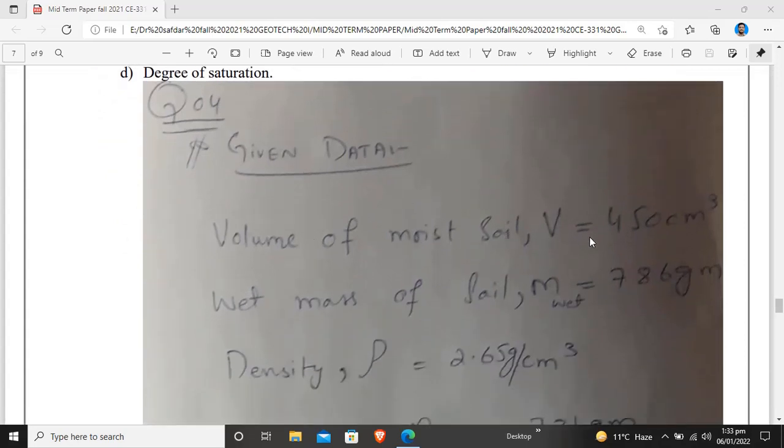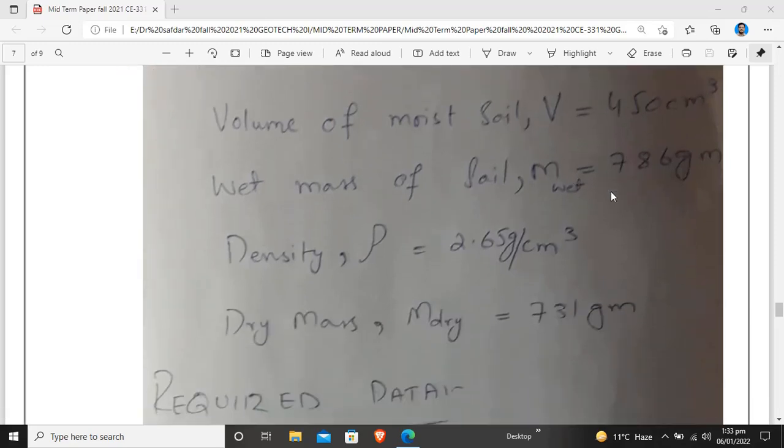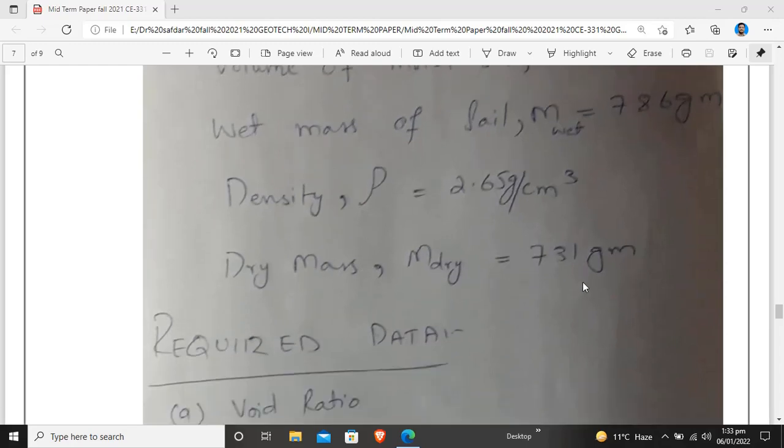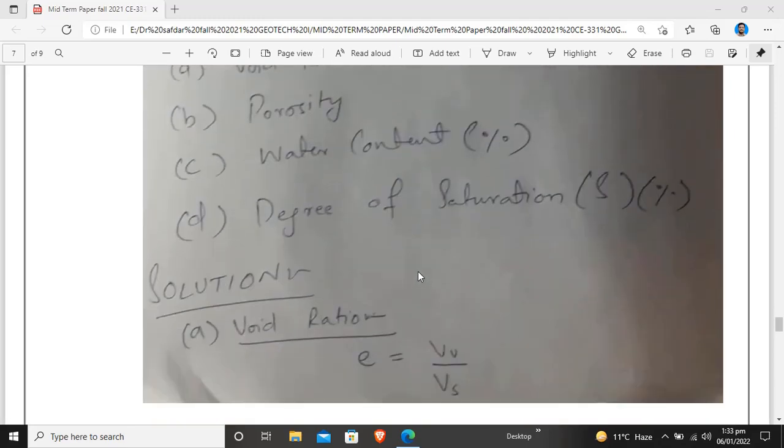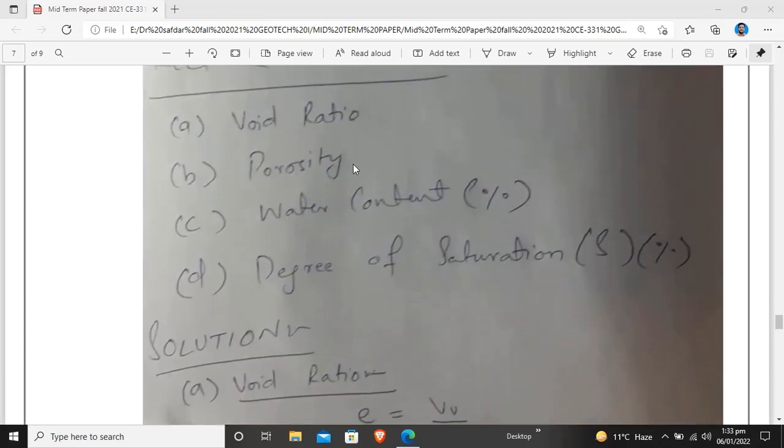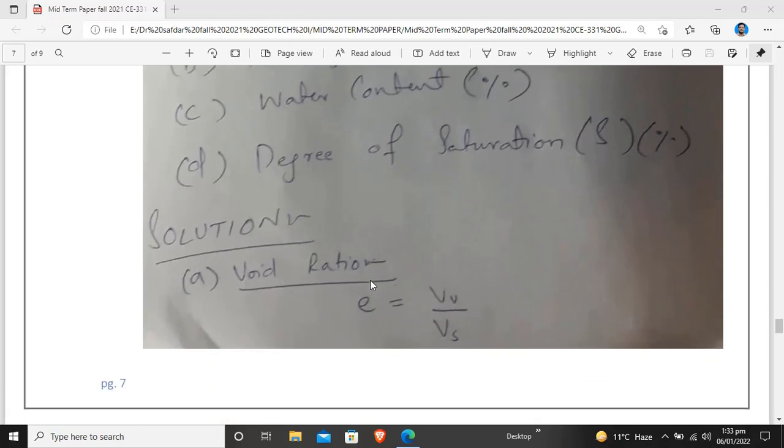So the volume of moist soil was given, 450 centimeter cube, and the wet mass of soil was also given, 786 gram. The density of particles is given, and the dry mass, which is 731. This is the moist mass, this is the dry mass. The required data are the void ratio, porosity, water content, and degree of saturation in percentage.